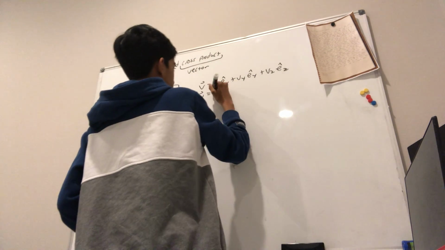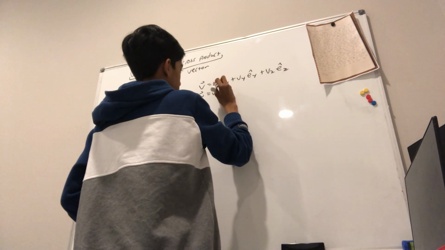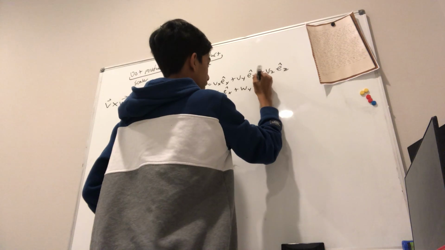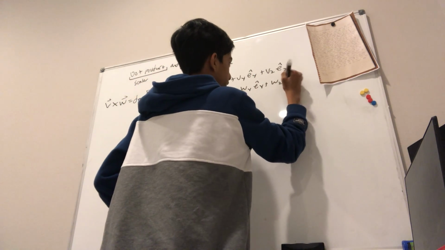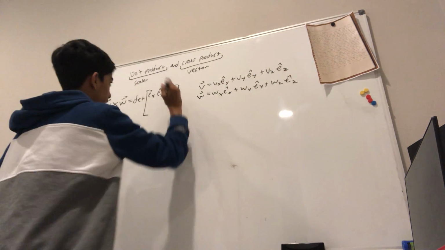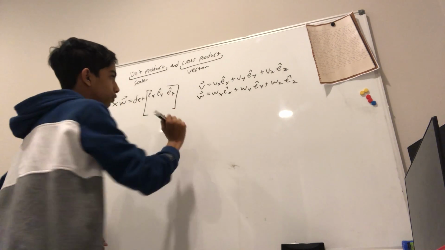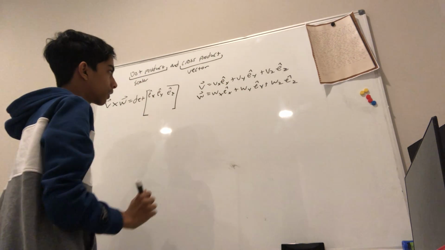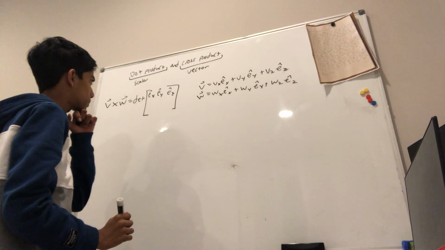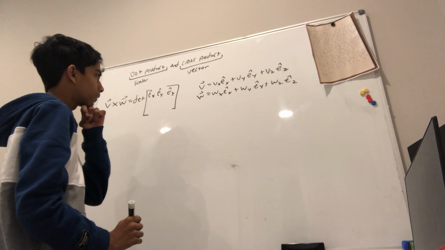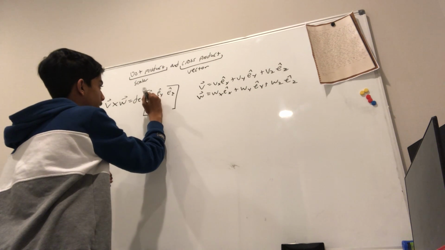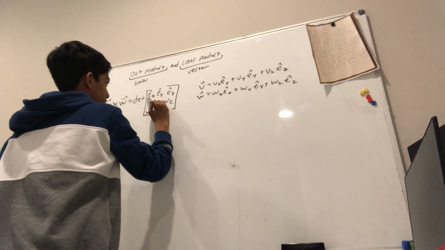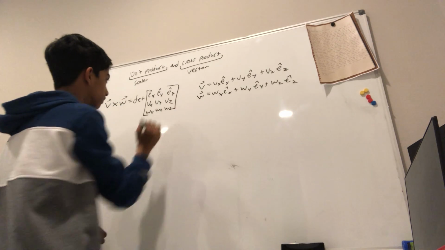The w vector is equal to wx e hat x plus wy e hat y plus wz e hat z, with all of these unit vectors on the top, and then it would just be vx vy vz and wx wy wz.